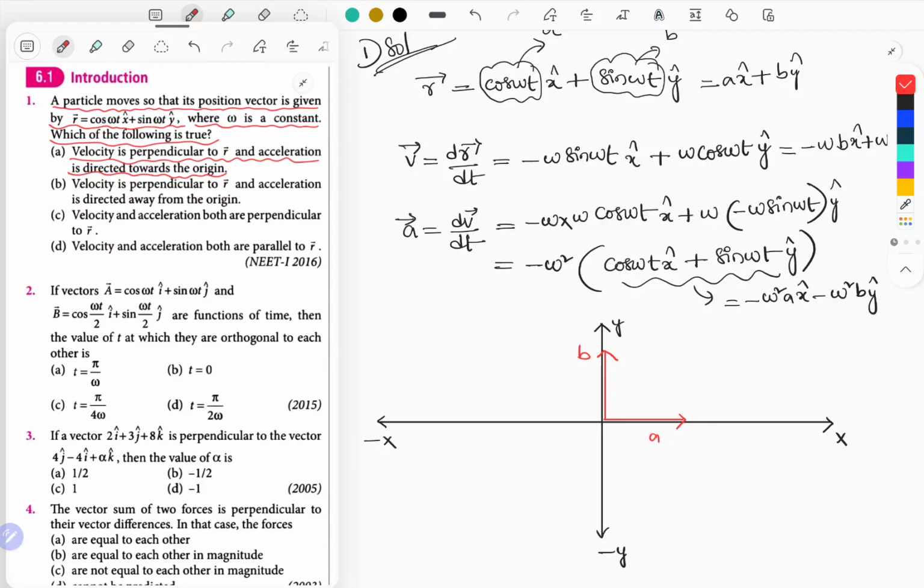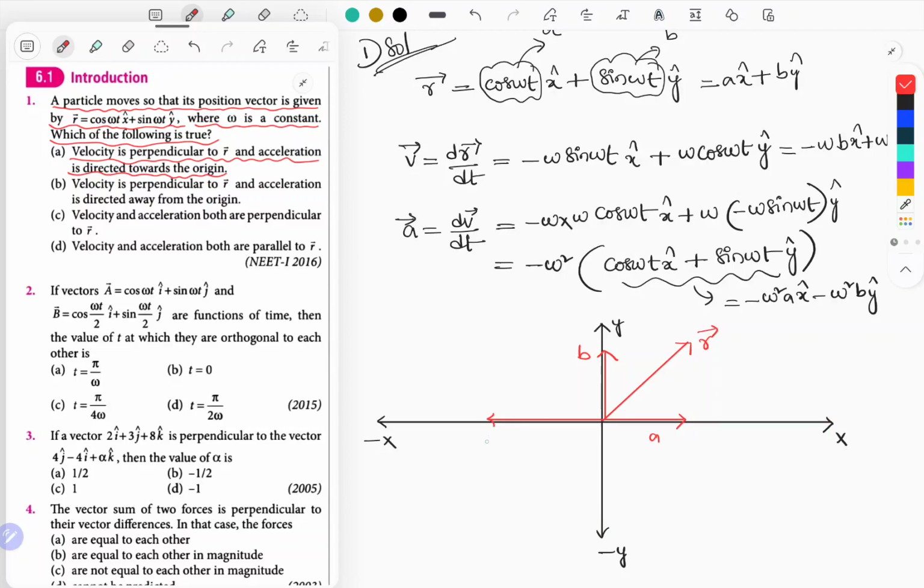As the phase difference between them is 90 degrees, the resultant I can draw like this. So this is R bar. Let me draw V bar also. V bar is minus omega b x cap. That means it is going to be along the negative x axis.